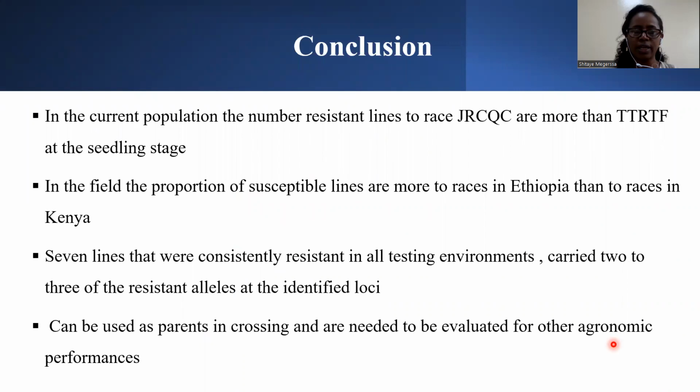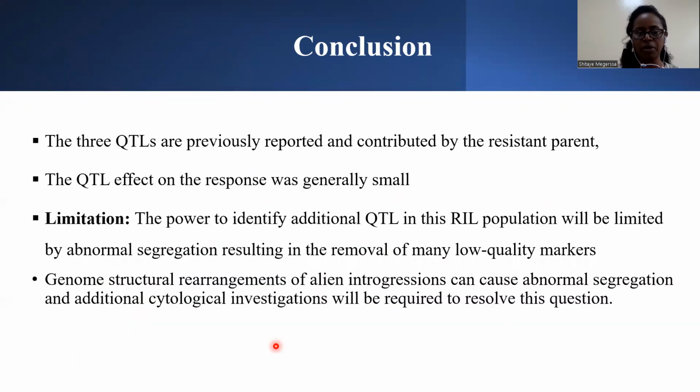In conclusion, in the current population, the number of resistant lines to race GRCQC is greater than to PTRTF at the seedling stage. In the field, the proportion of susceptible lines is greater for the race in Kenya than the race in Ethiopia. 7 lines that were consistently resistant in all testing environments carry 2 to 3 of the resistant alleles at the identified loci, and these can be used as parents in crossing and need further evaluation.